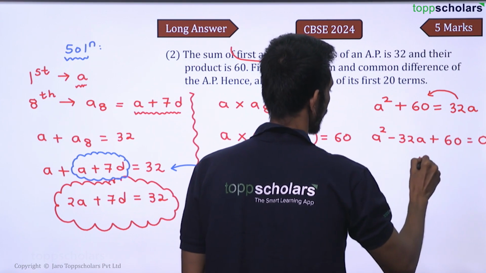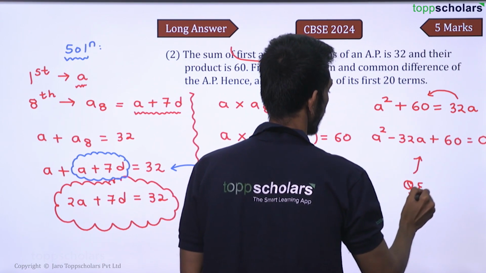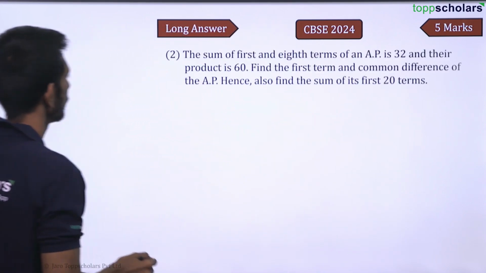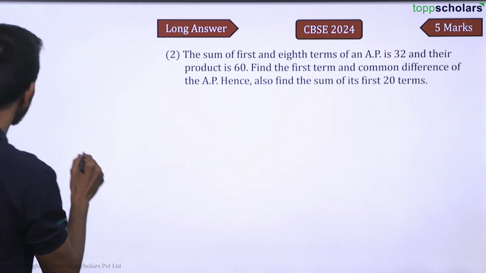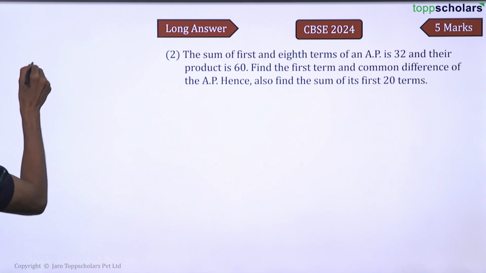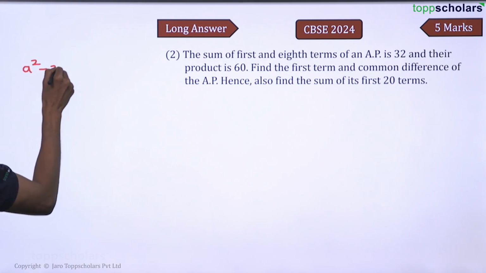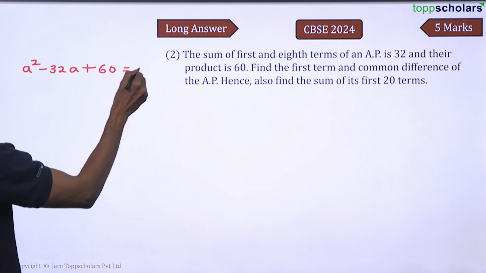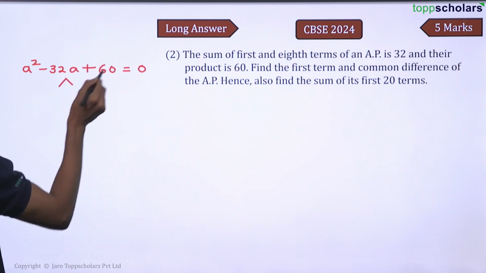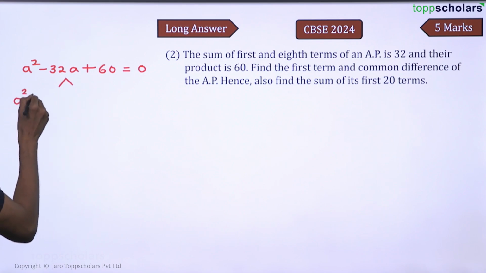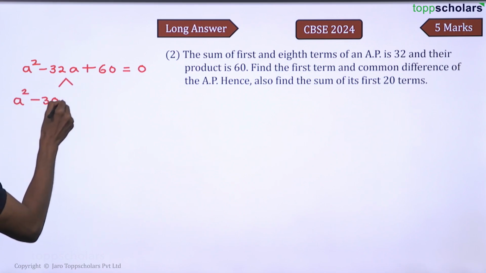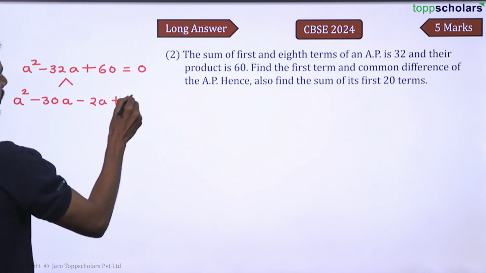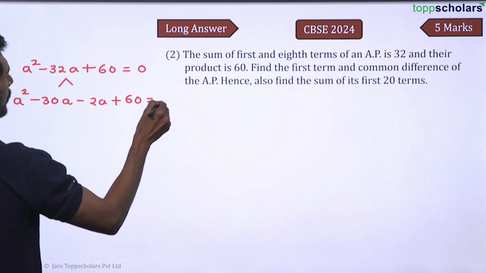So can I say this is a quadratic equation now? And we know how to solve a quadratic equation. Let us do that. So we have A square minus 32A plus 60 is equal to 0. Splitting is very easy, minus 30 minus 2, right? So A square minus 30A minus 2A plus 60 is equal to 0.